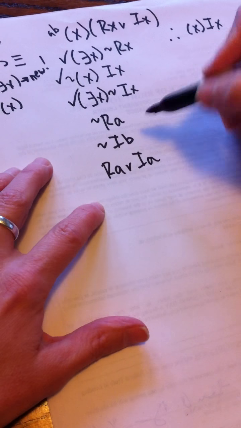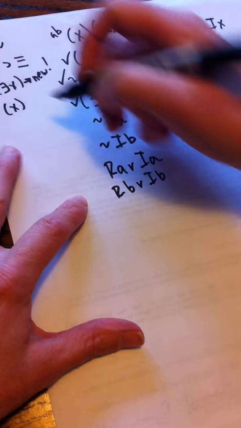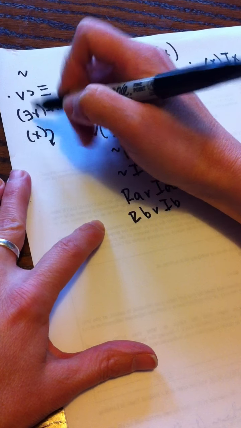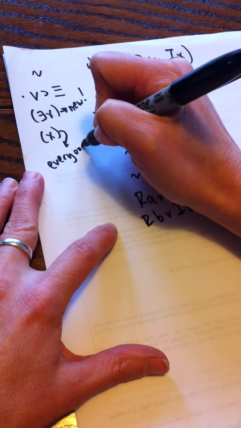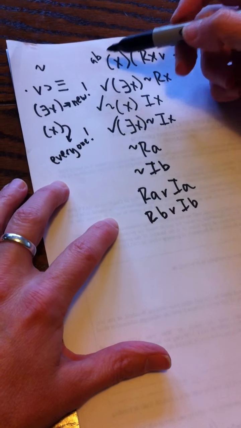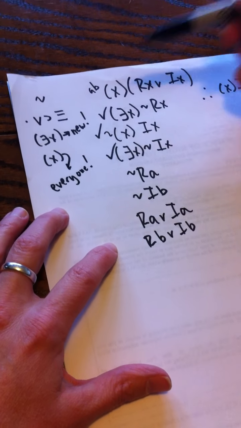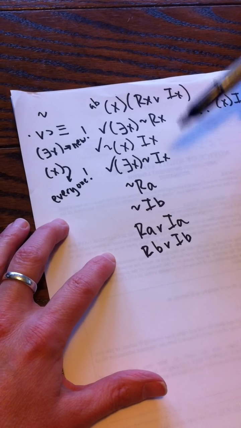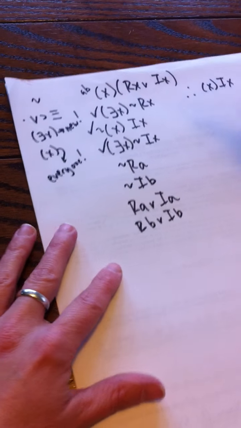I've done it with the A, and now I do it right below with the B. So the rule for the universal is to do everyone. I don't ever check the universals because I may have to come back and do it again if somehow I introduce a new constant later on. I won't in this proof, but sometimes you do.